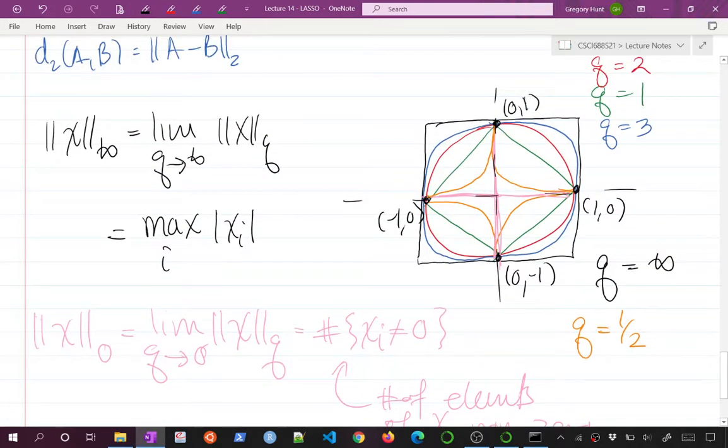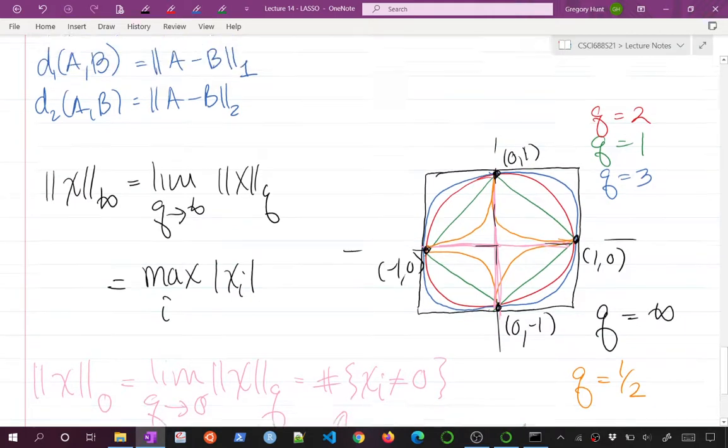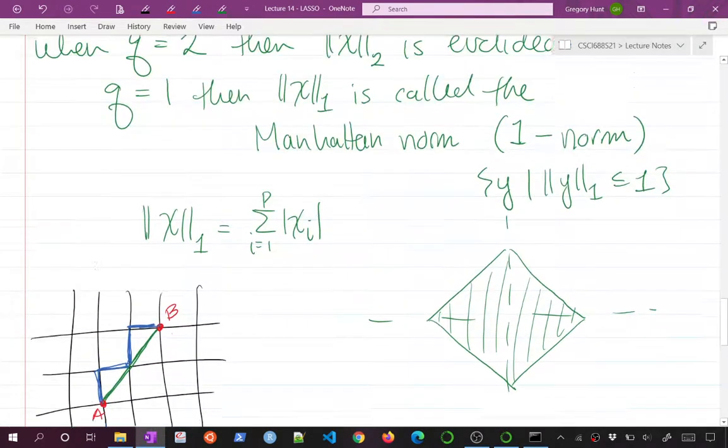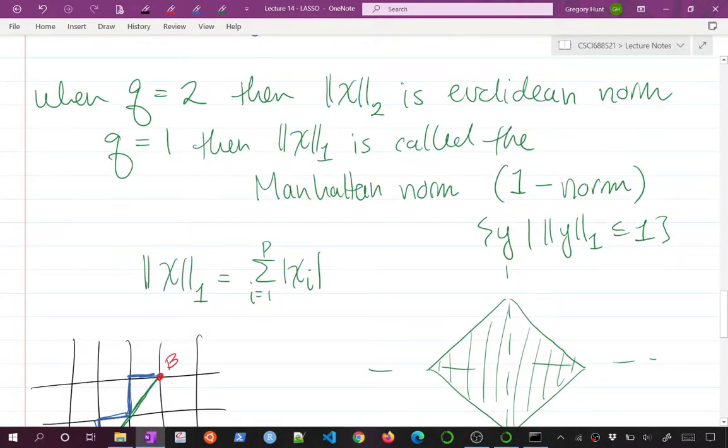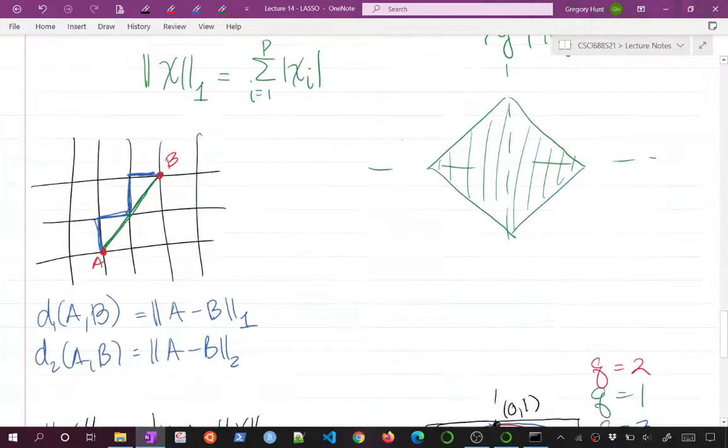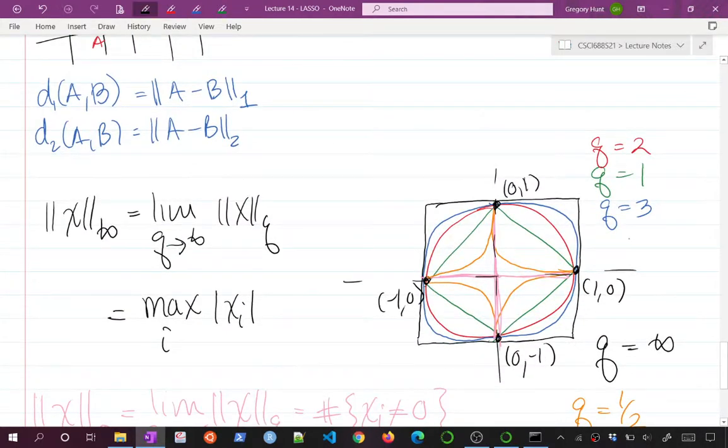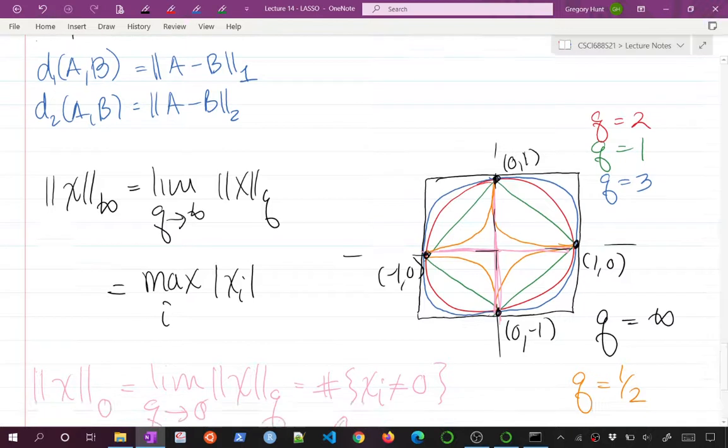So this is some cute little geometry you can play with. But these all, in some ways, behave similarly. I have to say, when q is less than 1, we don't technically get a norm. It won't satisfy the triangle inequality. But in our case, it's useful to think about these things as somehow related to norms.